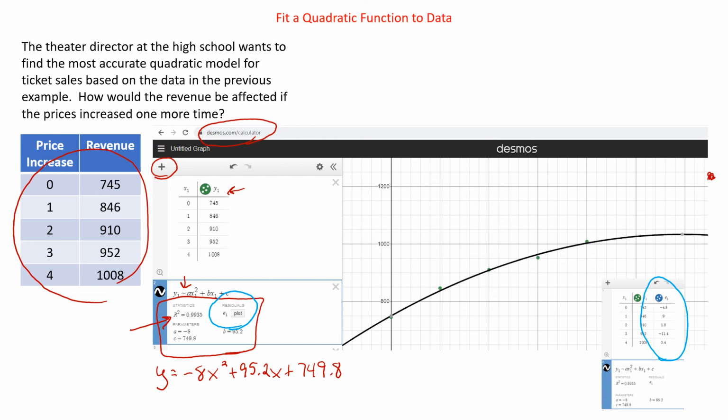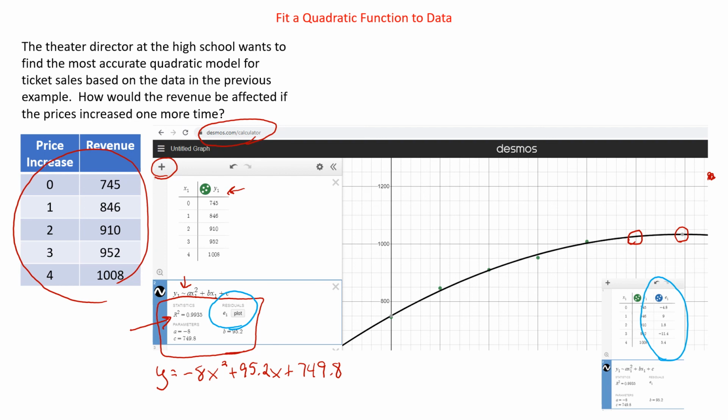And then we have the last part of the question. How would the revenue be affected if the price increased one more time? So basically, we want to find what that value is. Notice we have this value here. There's a little dot there. It's kind of grayed out because it's not one of our points. That's the vertex.